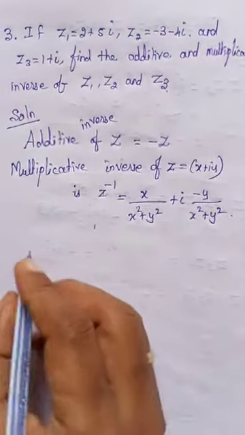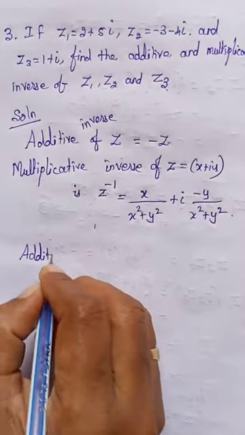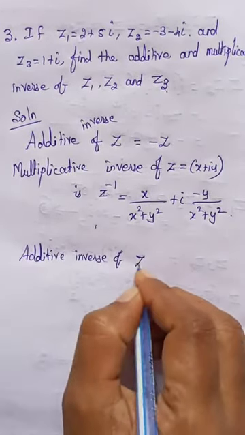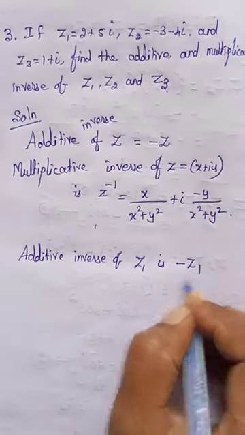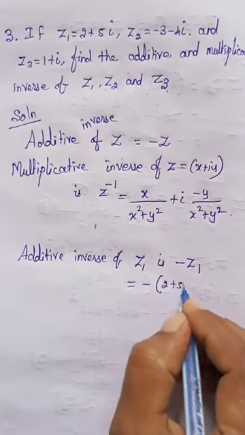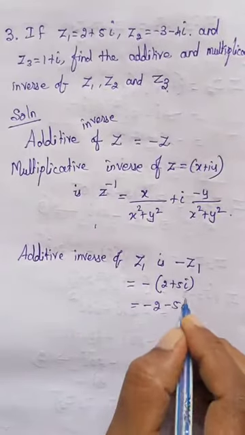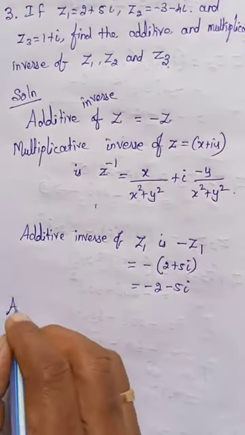Okay. Now you can write the additive inverse of Z1. What is that? Minus Z1, isn't it? So minus Z1, that is minus of 2 plus 5i. Give the minus inside: minus 2 minus 5i. Is that clear?